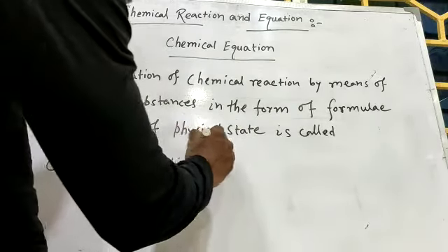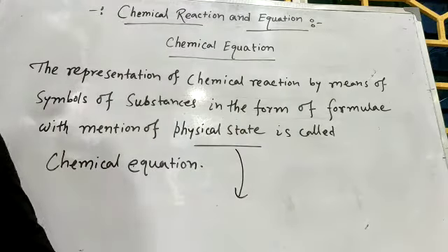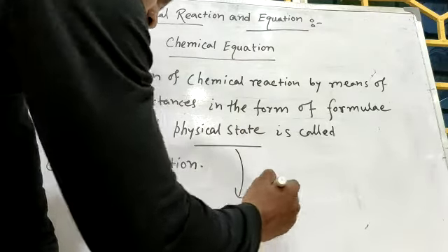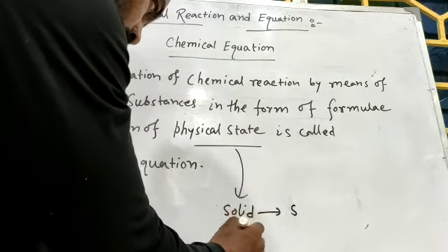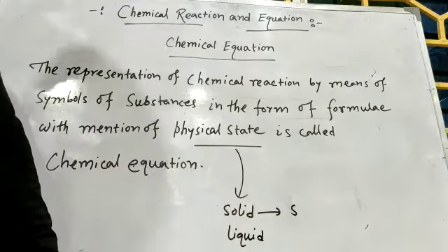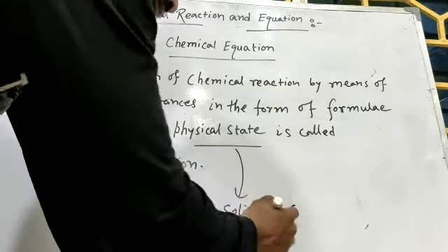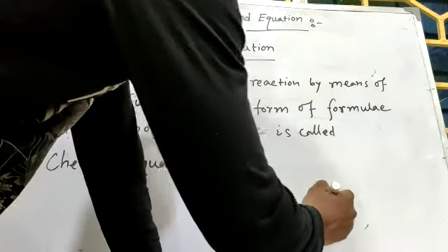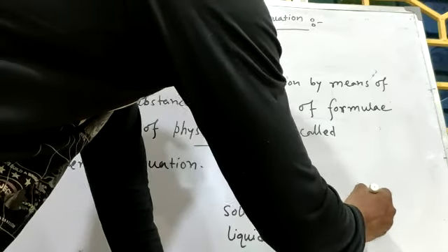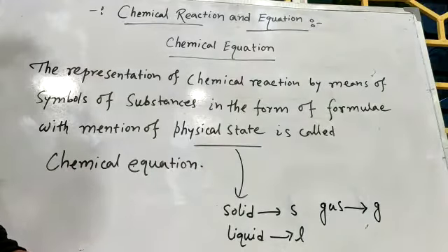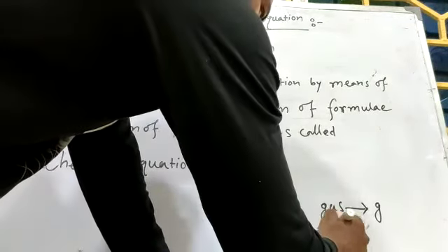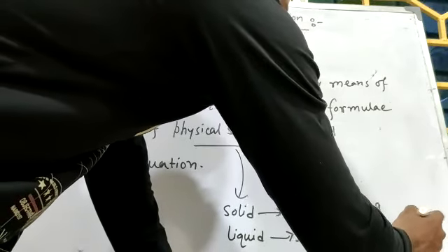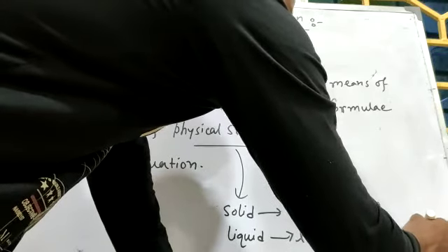Here physical state means, if the substance is solid, we write S. For a liquid substance we write L. For a gaseous substance we write G. For an aqueous solution we write AQ.